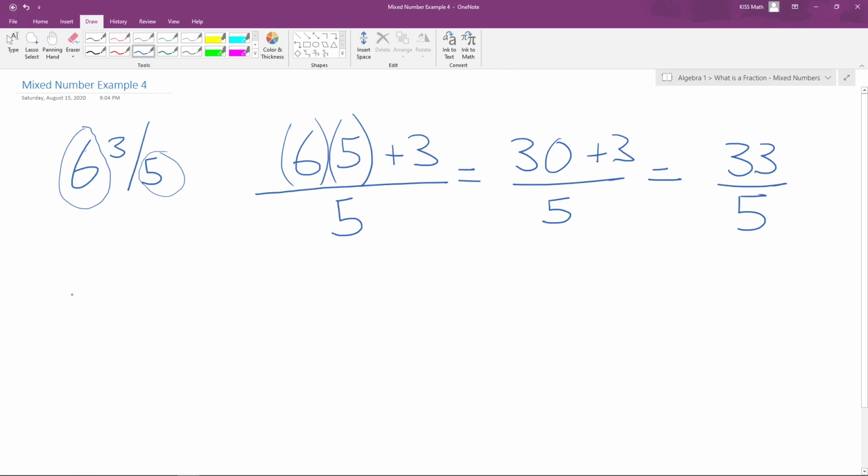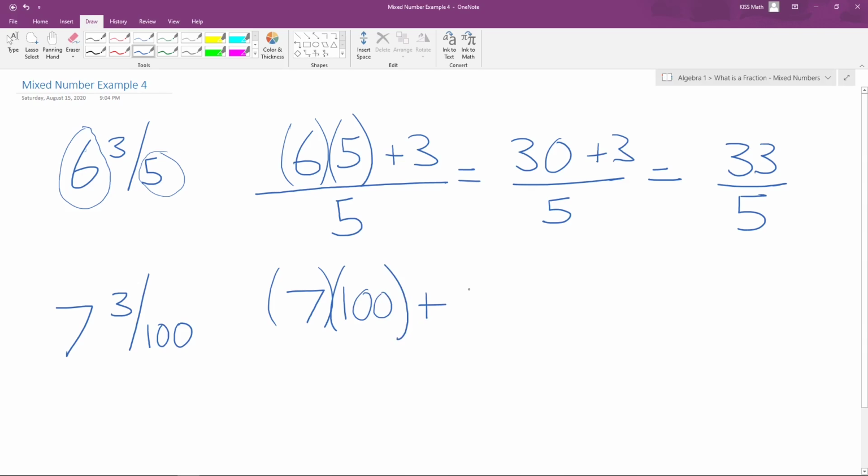Okay, another example, let's do 7 3/100. So same thing, you're going to take your whole number, which is 7, multiply by your denominator, which is 100, plus your numerator, this last piece here, all over the same denominator that we're working with, so 100.